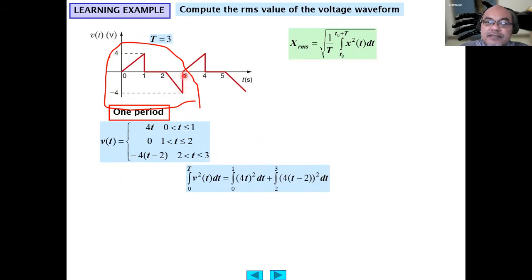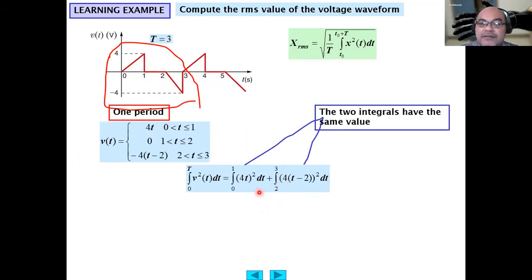But from calculus, we know that the integral of a function is the area enclosed by that function. So we know that this region and this region have the same area. The integral will have the same value, only one is positive and the other is negative.